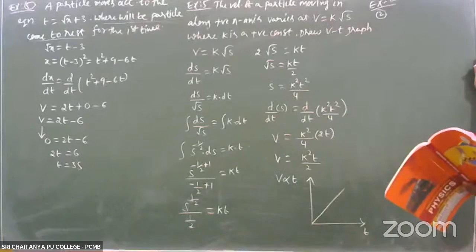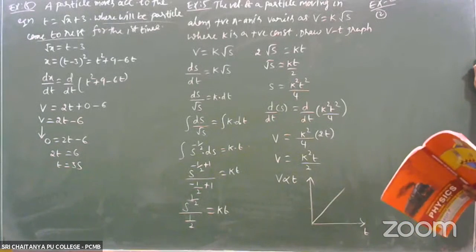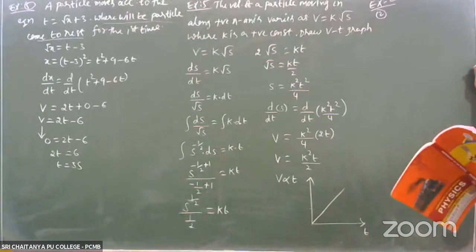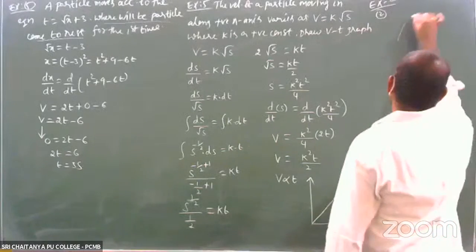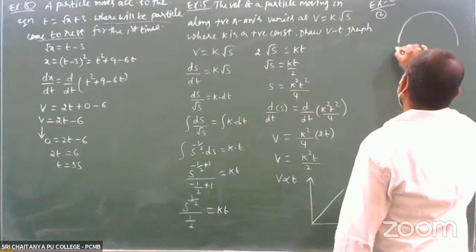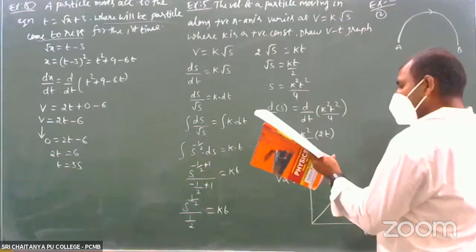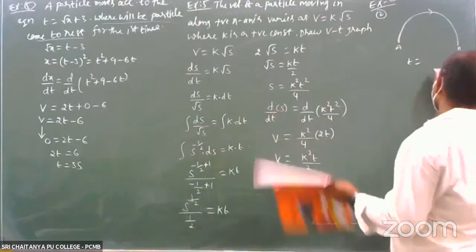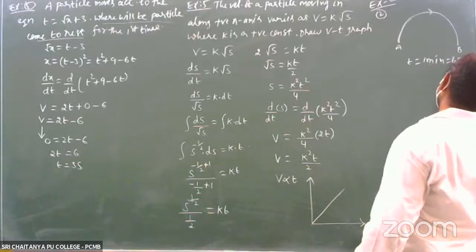A cyclist takes 1 minute to complete half revolution, from A to B. How much time does it take? t is equal to 1 minute, that is 60 seconds.